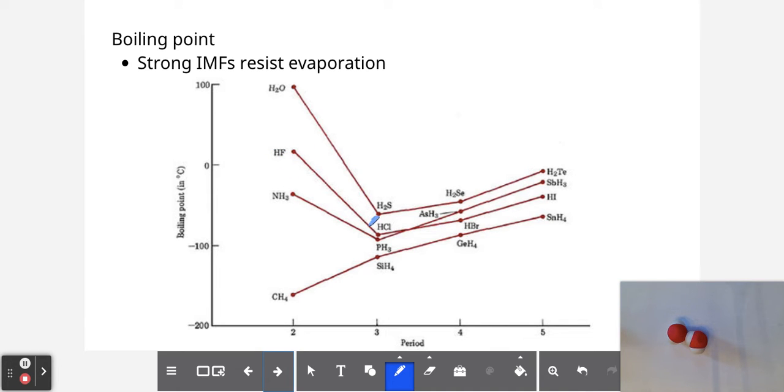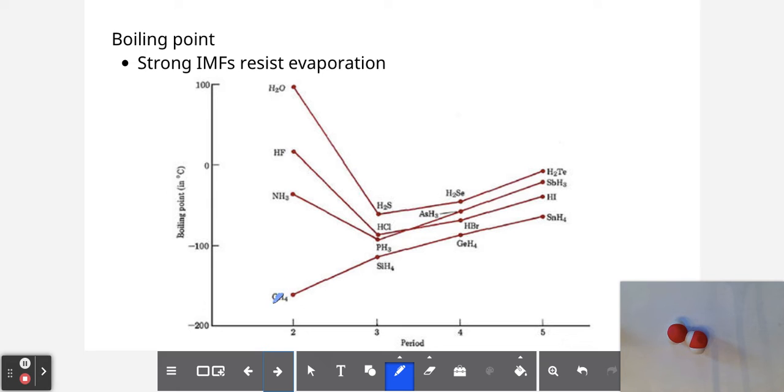And finally, NH3 versus PH3: PH3 has the dipole-dipole interactions, but NH3 has the hydrogen bonding. Interestingly, when we get down here, we go from groups 6, 7 and 5 to a group 4 element, carbon, that we're comparing with another group 4 element, silicon.